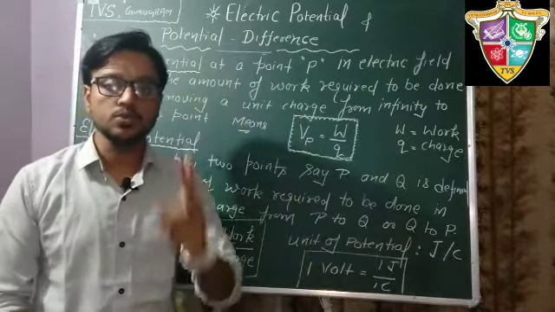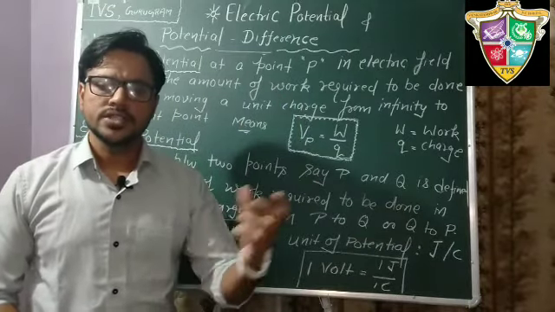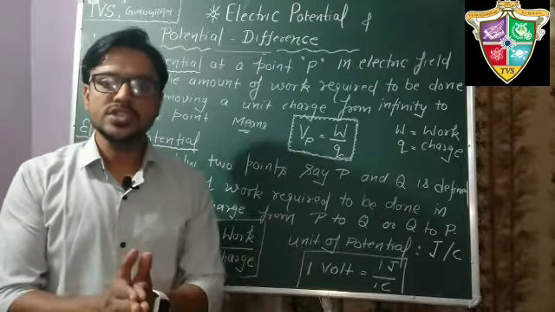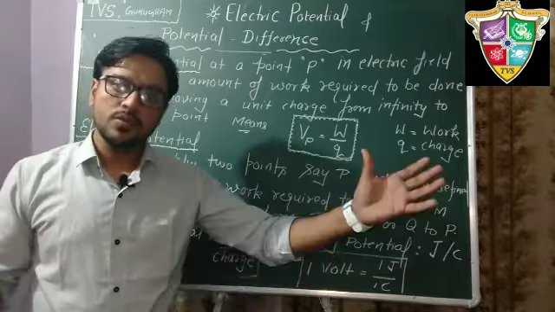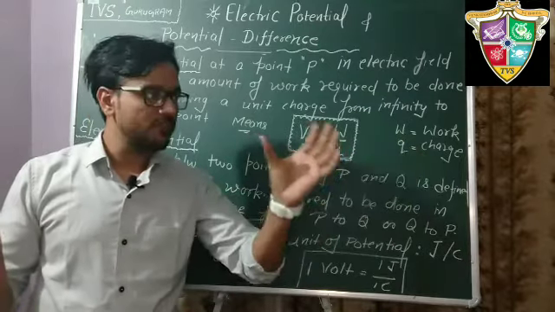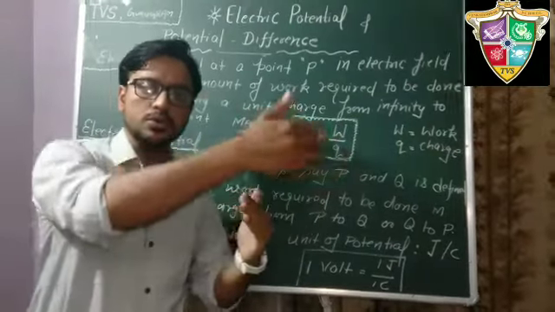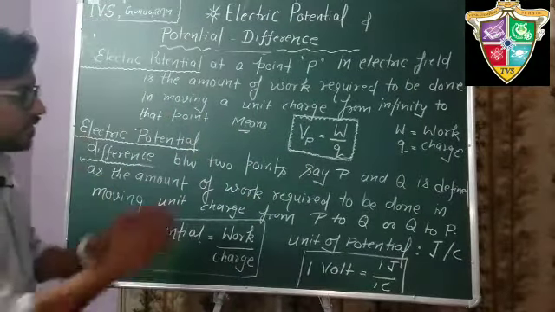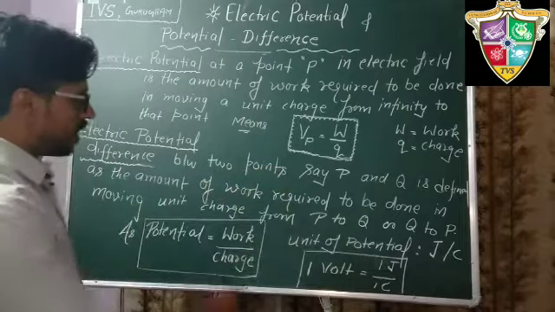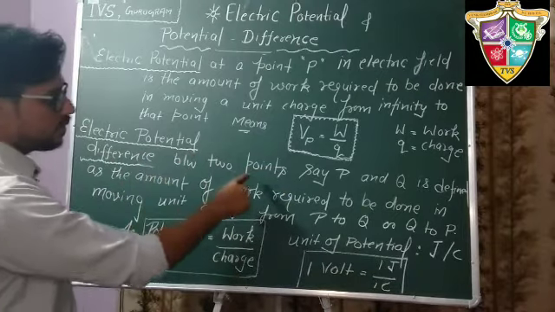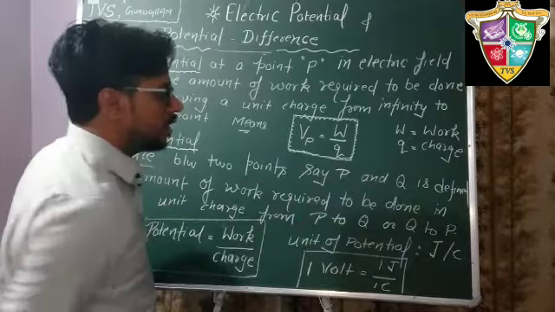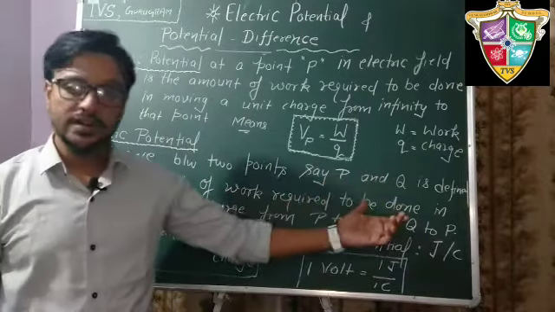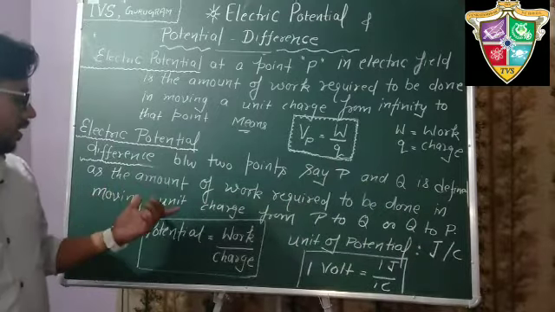And if we have 2 points in electric field, say P and Q, then the amount of work which is required to be done in moving a charge from one point to another, say P to Q or Q to P, is known as electric potential difference between those points. So electric potential difference between 2 points, say P and Q, is defined as the amount of work required to be done in moving unit charge.